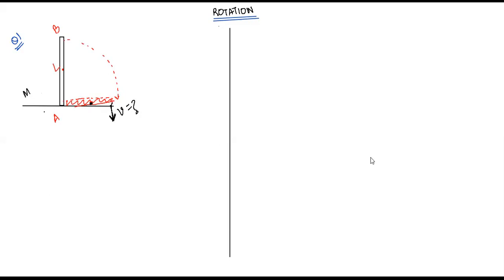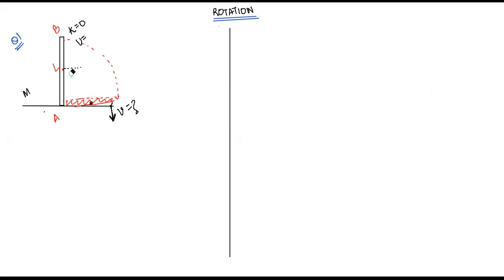So we can find the kinetic energy and potential energy at the point when it is standing. So when it's standing, does it have any kinetic energy? No, sir. Does it have any potential energy? Yes, sir. How much potential energy does it have? MGL.